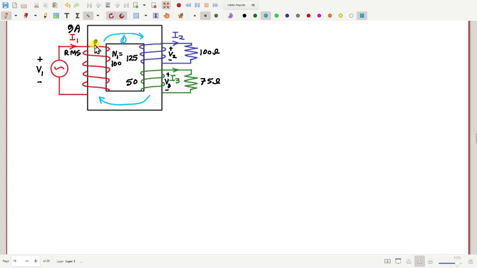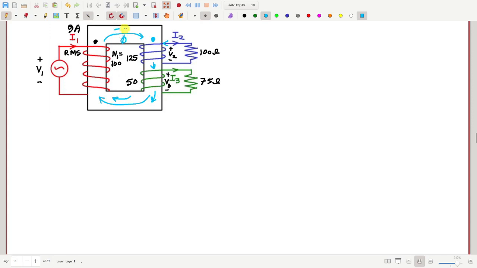If current I1 is entering through this dot at any particular moment, then if current enters the dot of any other coil, that should also produce the flux in the same direction. In this case, the dot will be here, so that if the current enters this dot, the flux will again be in the clockwise direction.